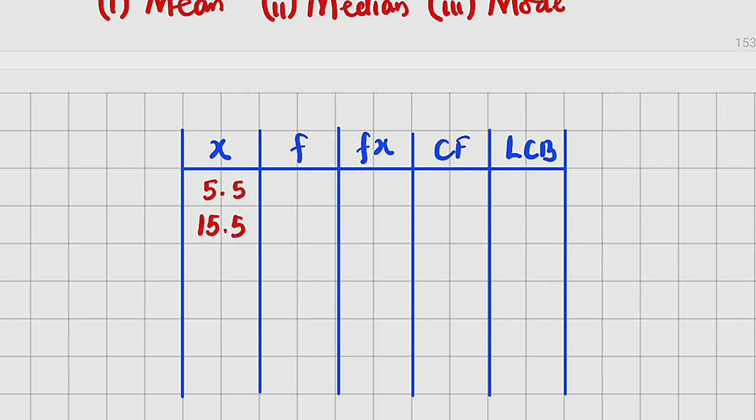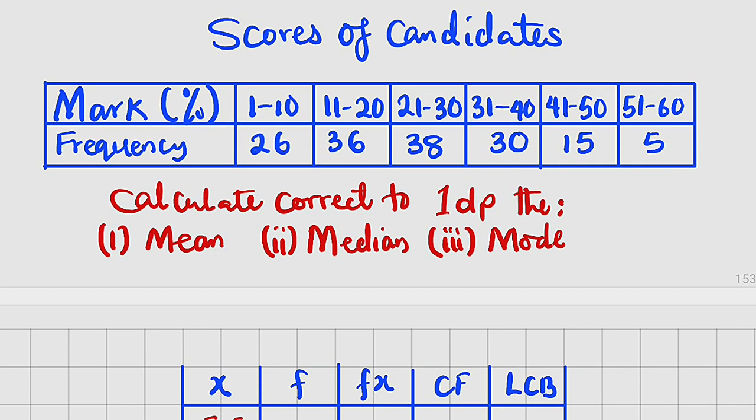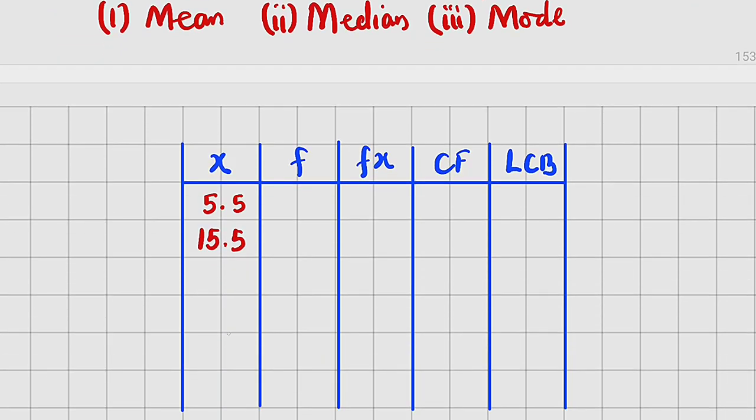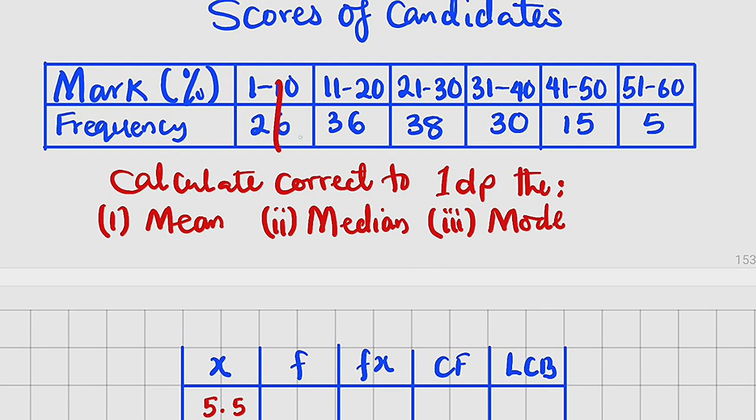But what you should understand here is the class size. The class size will always be this minus this, this minus this. In either way, you have to get 10. So the class size is 10. So you can keep on adding 10, 10, 10 here. How many do we have? 1, 2, 3, 4, 5, 6. So in 6 different places.